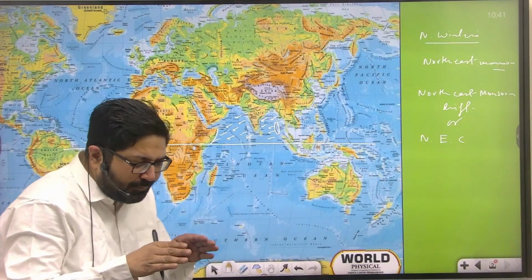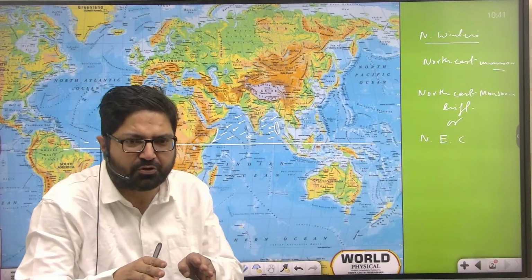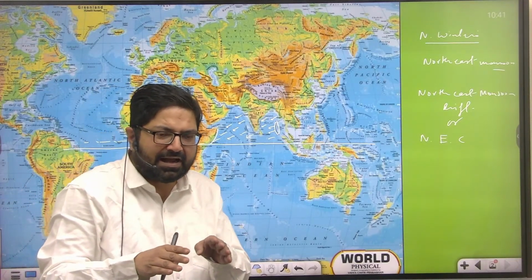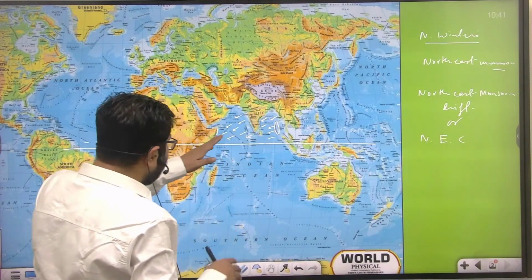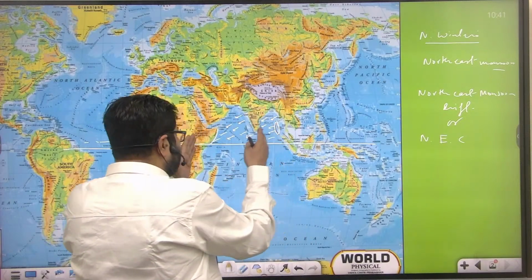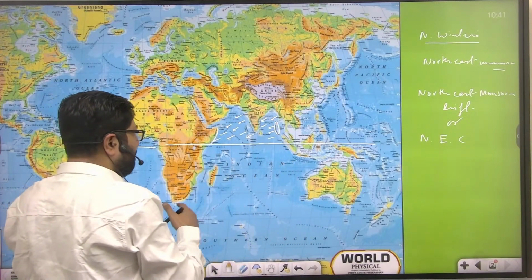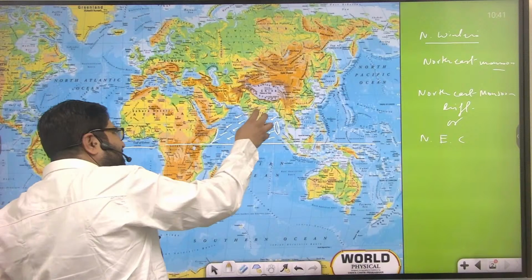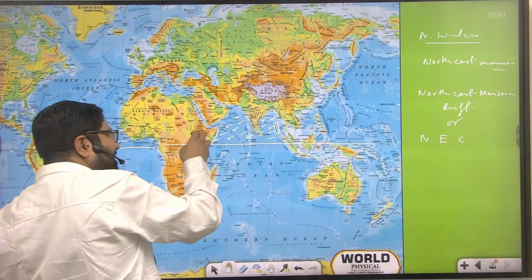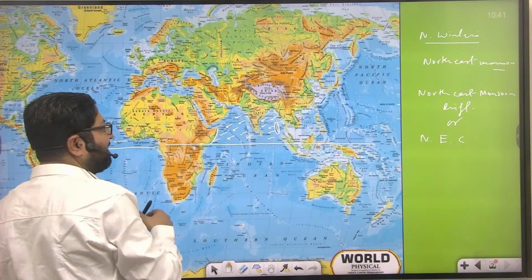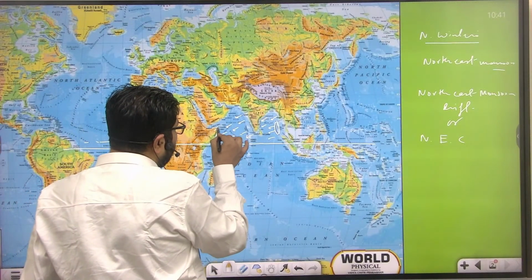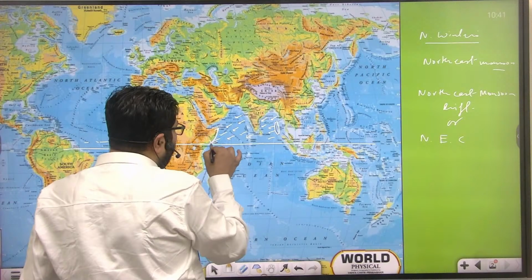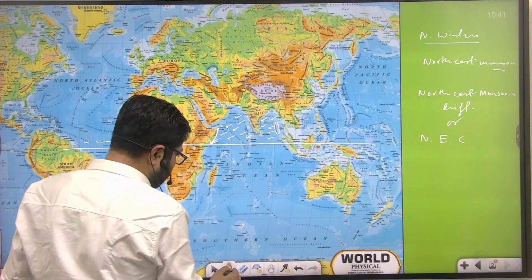It exactly blows in the direction of northeast monsoon, northeast to southwest, and it follows the projecting coastline from Andaman Islands to Somali coast. Here along Somali coast, this warm water piles up in winters. As a result, along the eastern coast of Somali, you find warm current.